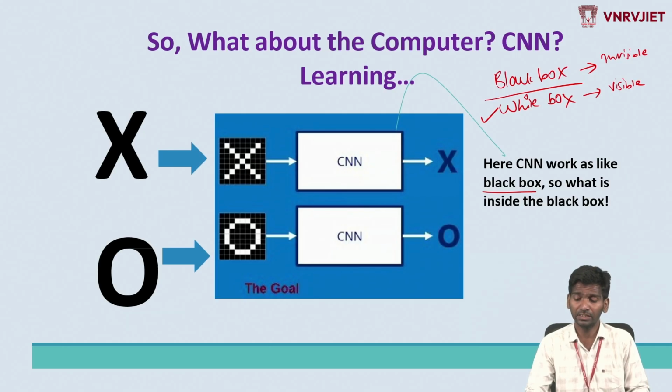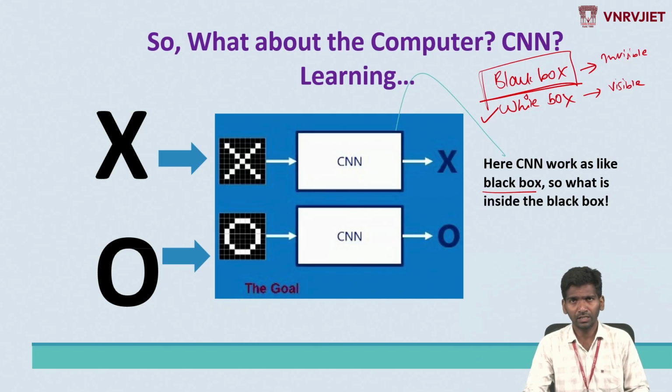That scenario is called a black box. In a black box, we cannot see internally what is happening, but the theoretical procedure happens internally, invisibly. In a white box, it is clearly visible how training is happening, how testing is happening, how the neurons are given, how the image is processed step by step.